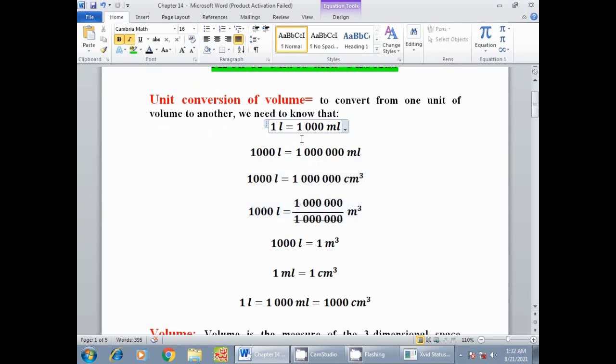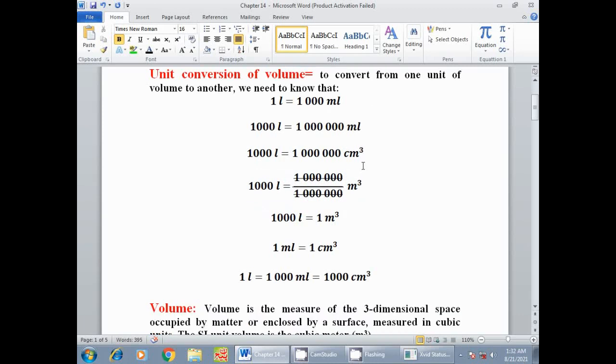If 1 liter equals 1000 milliliters, it means that 1000 liters equals 1 million milliliters. Further, we can convert this milliliter into cubic centimeter, which basically represents the capacity. So 1000 liters equals 1 million cubic centimeters.